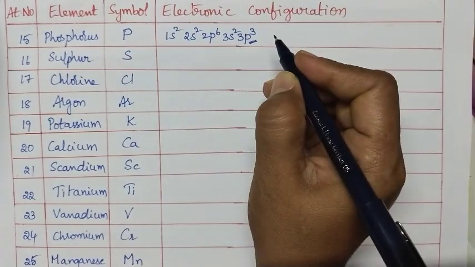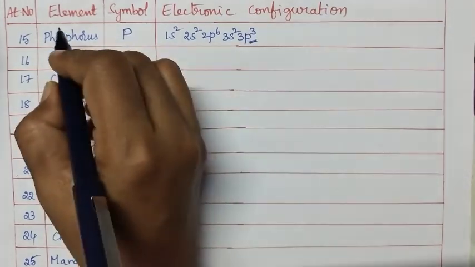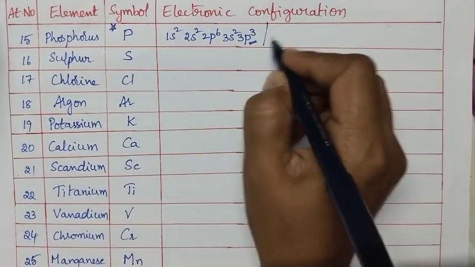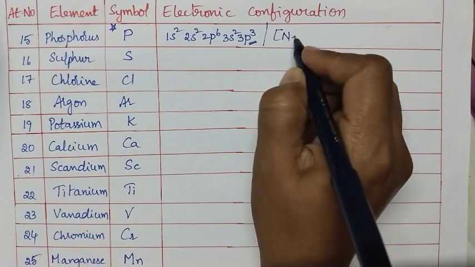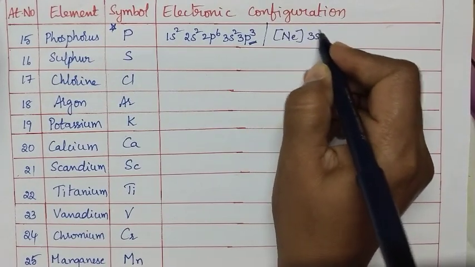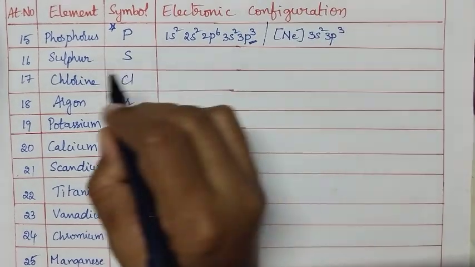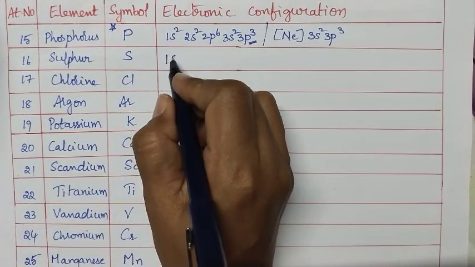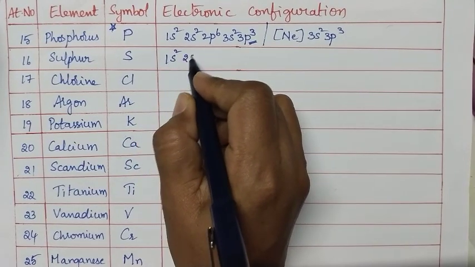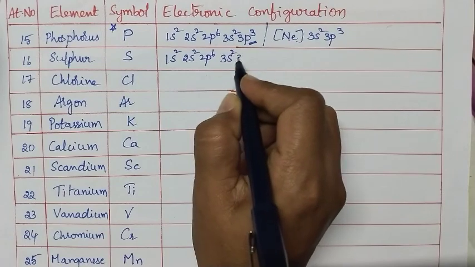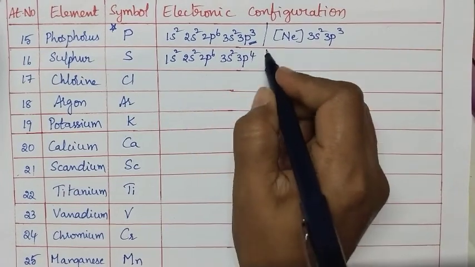Again here the p orbital is having half filled configuration and hence phosphorus is more stable and it can also be represented as neon 3s2, 3p3. Clear, students?